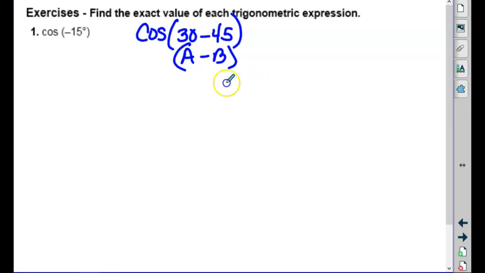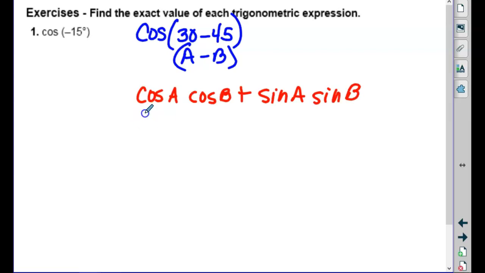Cosine A minus B says cosine A cosine B plus sine A sine B. Okay, so what value am I putting in for A? 30, and for B? Positive 45, right?